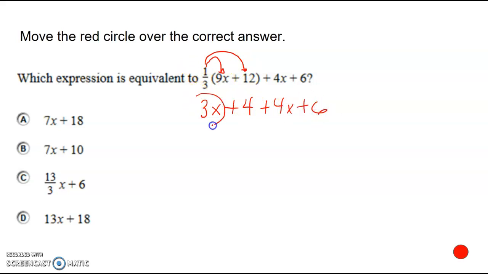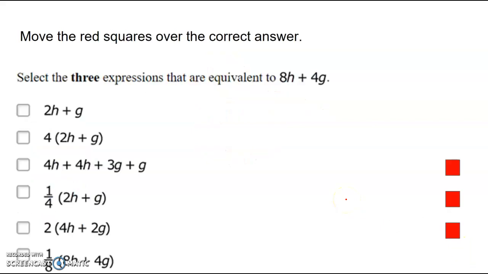Now I'm going to simplify. 3x plus 4x is 7x. 4 plus 6 is 10. So 7x plus 10, B is my correct answer. You're going to take this circle, and I can't do it, but you're going to move it over. Okay, move the red squares over the correct answer.